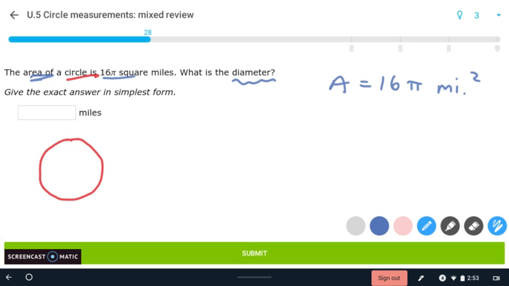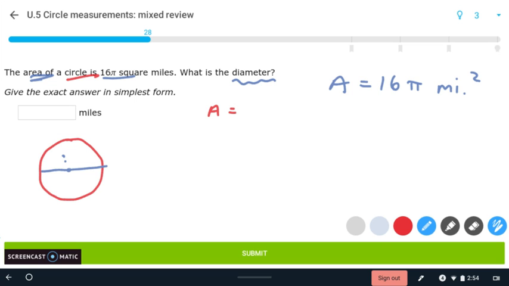This is going to take a couple different steps, because they give us the area, and that's the entire part in the shaded, but we want to know, what is the diameter? And to find that, we're going to actually start by using the area formula.